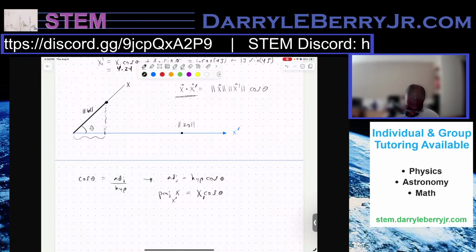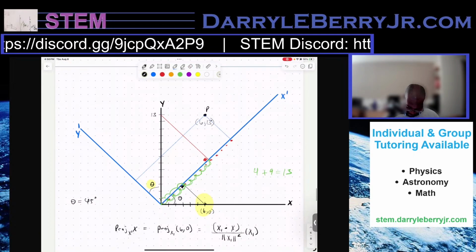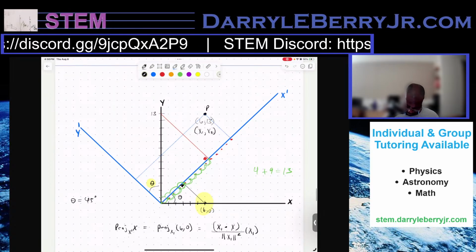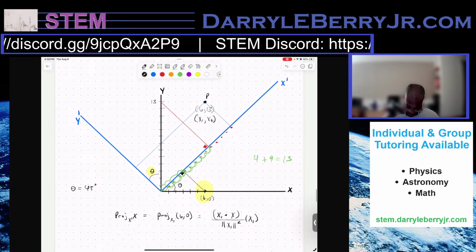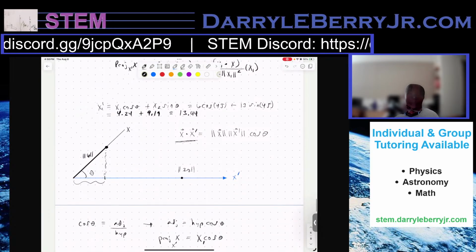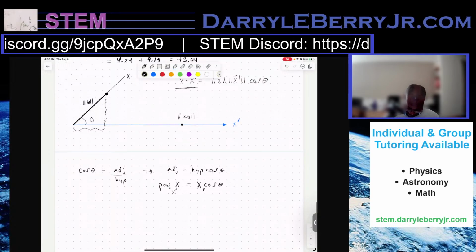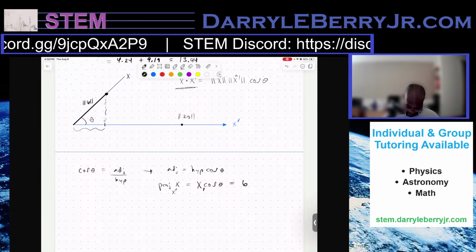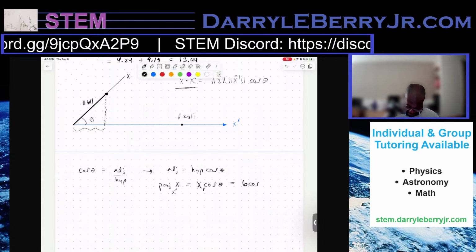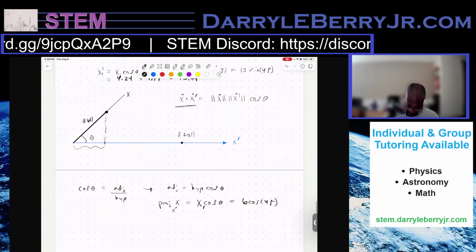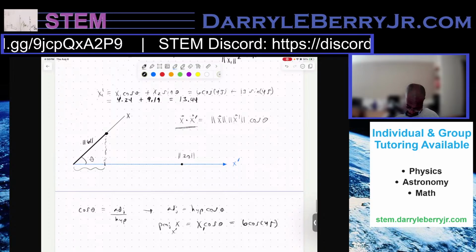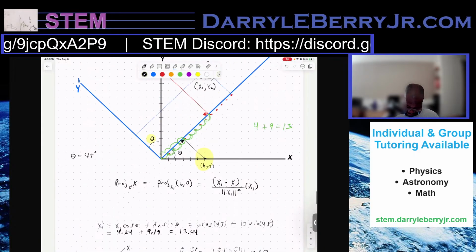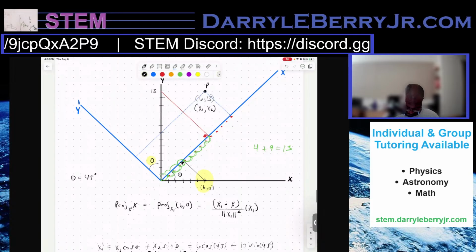So basically what we'll be doing is we're calling it x1, x2. So that's going to equal x1 is 6 cosine 45, which is what we had. So that works. And the same thing will happen with the y value.